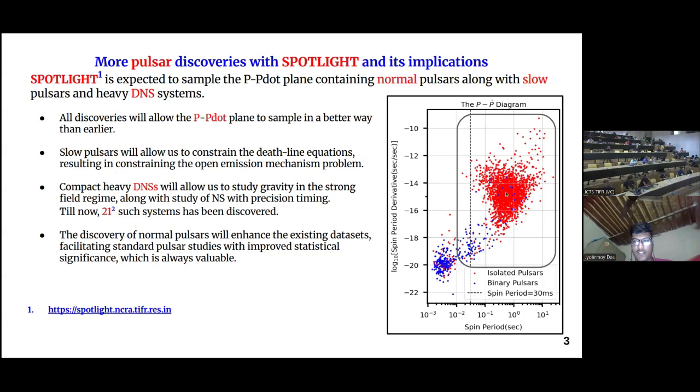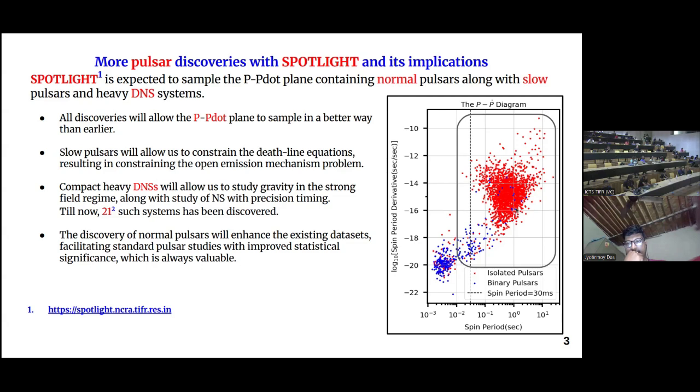Red ones are the isolated pulsars and blue ones are the binary pulsars. This upper distribution is basically the normal pulsars, and the lower one is the millisecond pulsars, where the spin period ranges from a few milliseconds to around 30-40 milliseconds. Because of the sampling time, we will be sensitive towards the pulsars I marked with this black box.